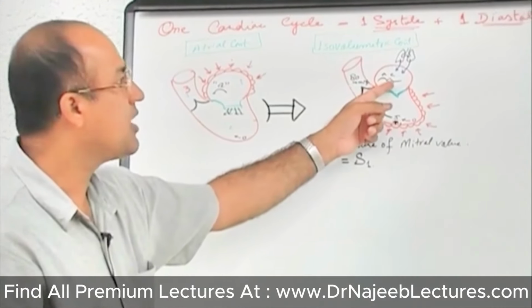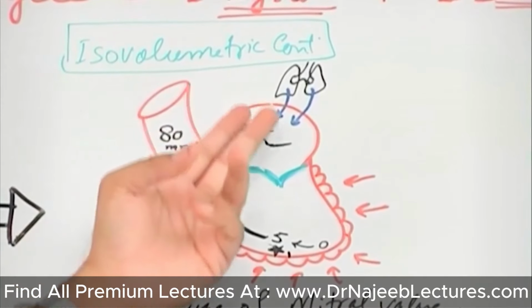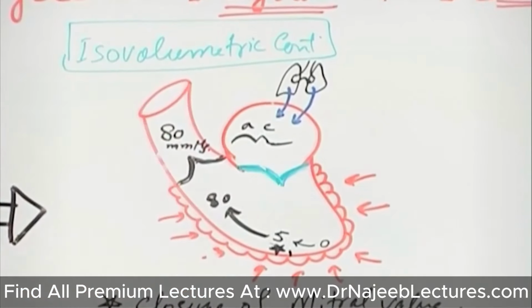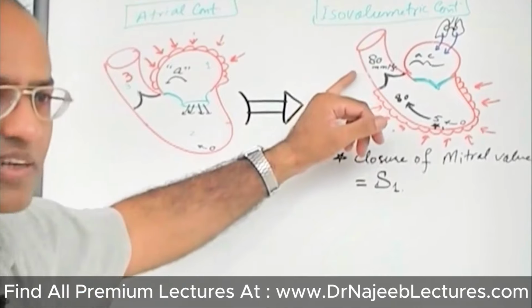I told you that at the beginning of this phase, there is a little increase in pressure in the atrium. Then atrial pressure gradually increases. This is due to accumulation of the blood which is returning from the lungs to the left atrium. Meanwhile, what is happening to this funny thing? What is this? The aorta. What is happening to it?